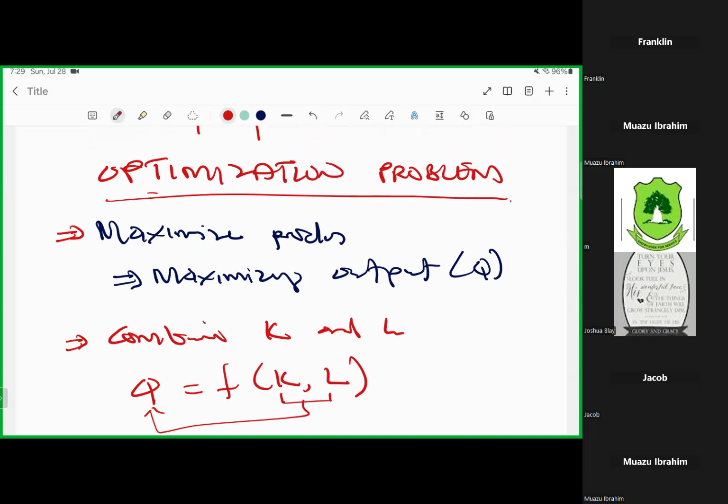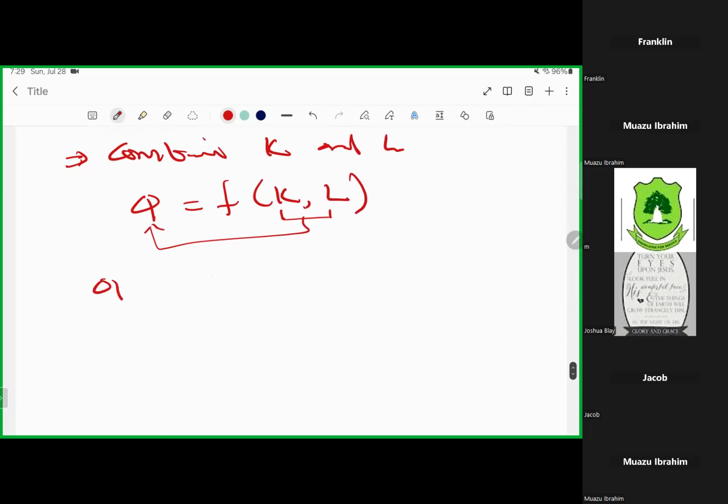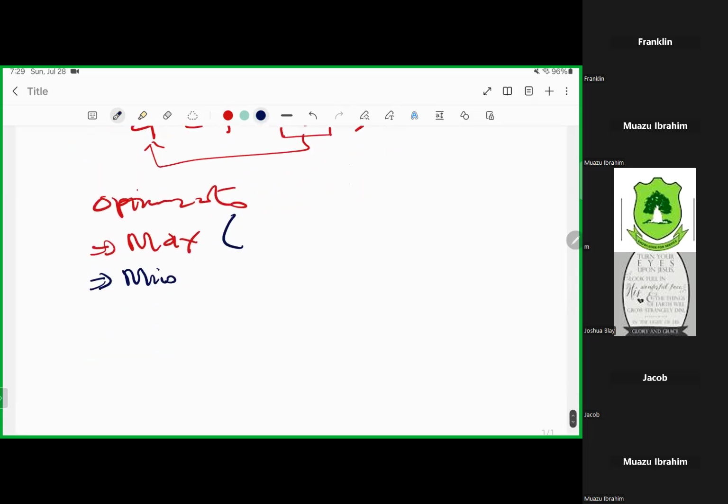Now, by optimization, our focus is on either maximizing something or minimizing something. And what do we tend to maximize as a firm? You know for sure a firm's major aim is to maximize output.